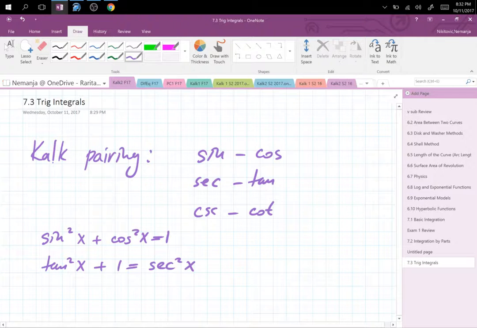And if you divide the original equation by sine squared x, you get 1 plus cotangent squared x equals cosecant squared x. Now each one of these can be solved for sine squared x and cosine squared x. So there are technically 9 formulas here.